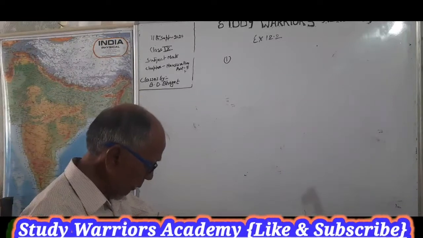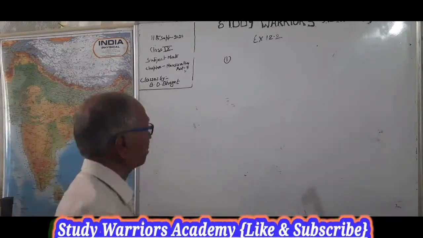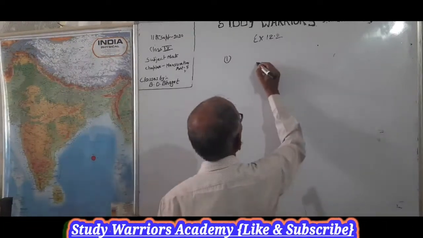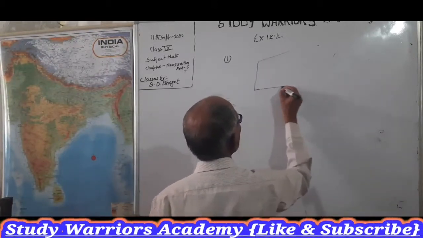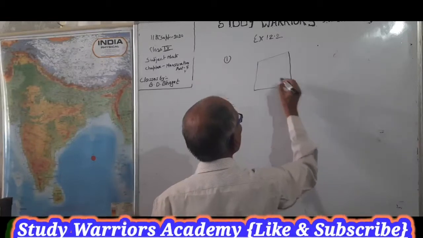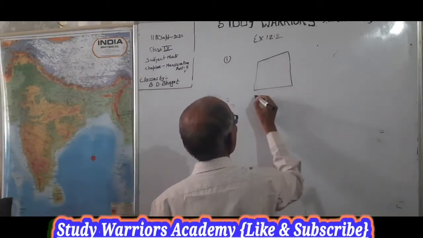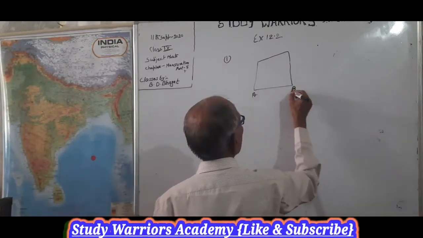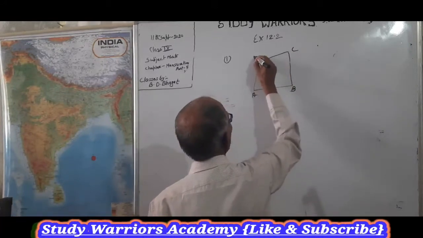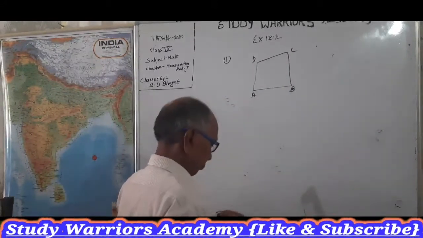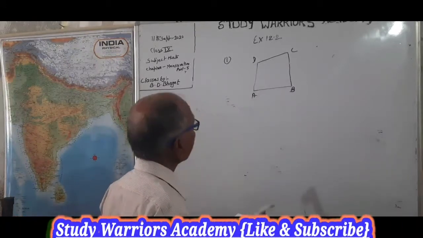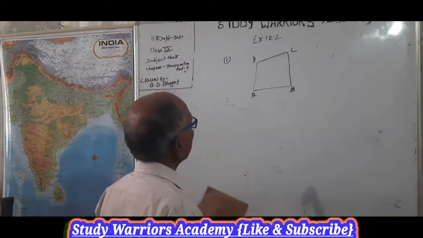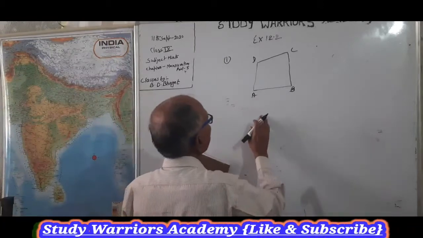A park in the shape of a quadrilateral ABCD. According to the question, ABCD, quadrilateral means chaturbhuj in English, has angle C equal to 90 degree.